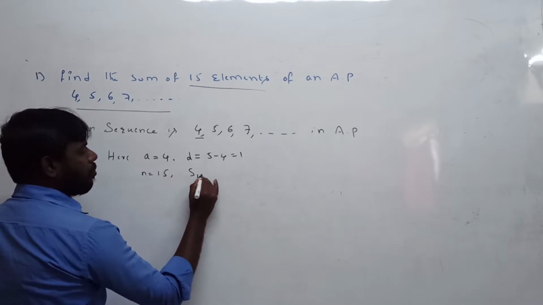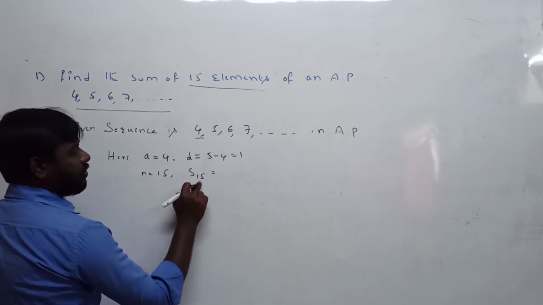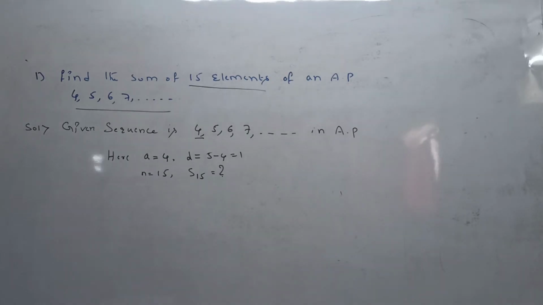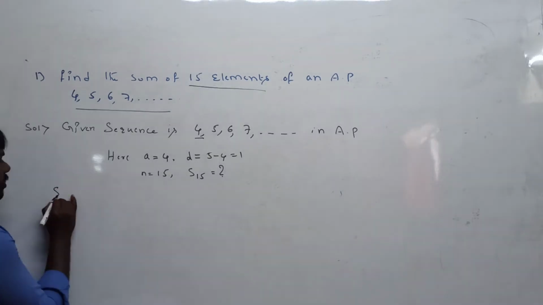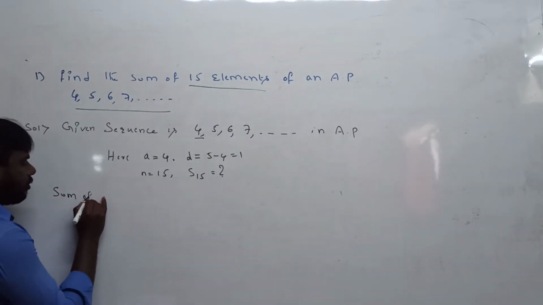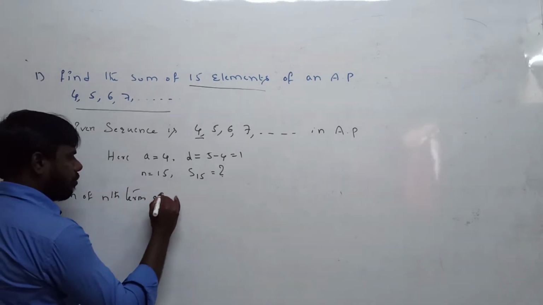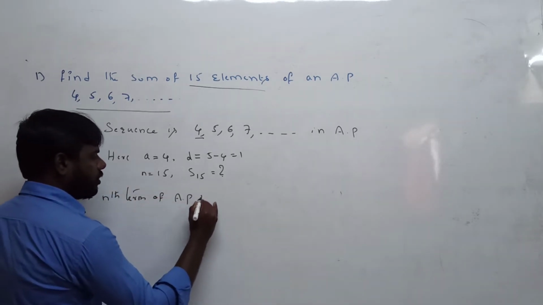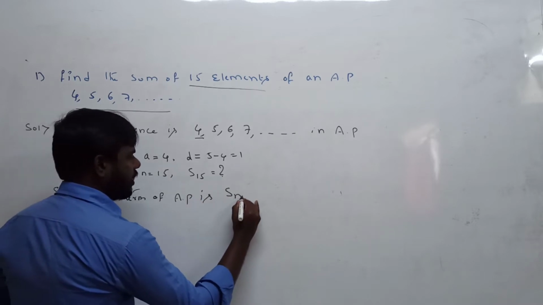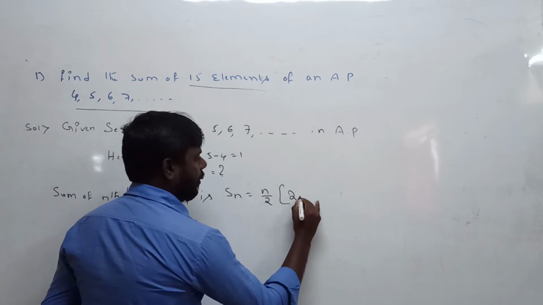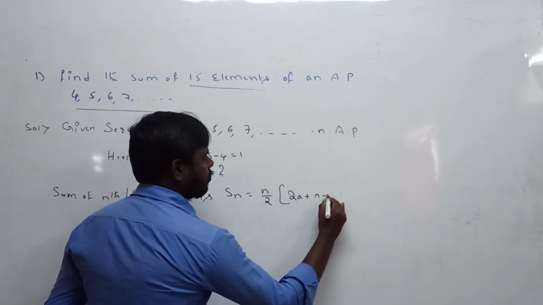They are asking for the sum of the 15 elements. So which formula applies here? The sum of n terms of an arithmetic progression is Sn equals n by 2 into 2a plus n minus 1 into d.